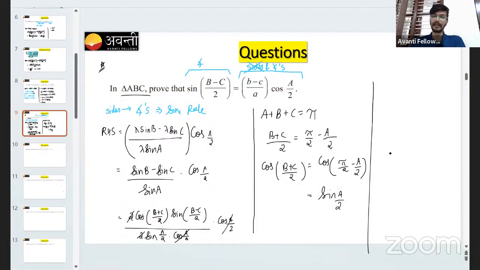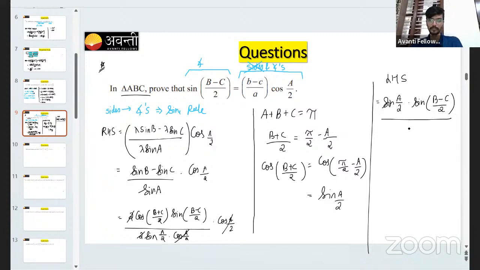So in my LHS, in place of cos (B minus C) by 2... in place of cos of (B plus C) by 2, I can write sine A by 2. So my LHS will be sine A by 2 into sine (B minus C) by 2 upon sine A by 2.